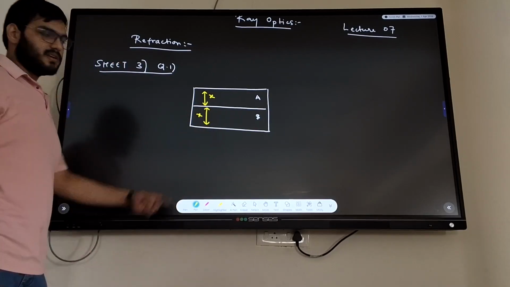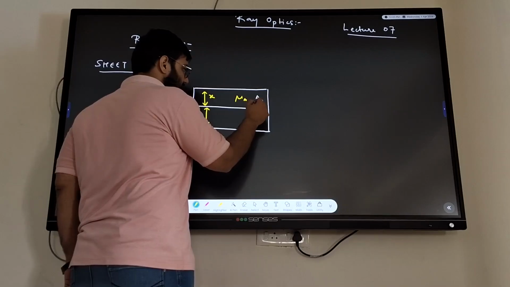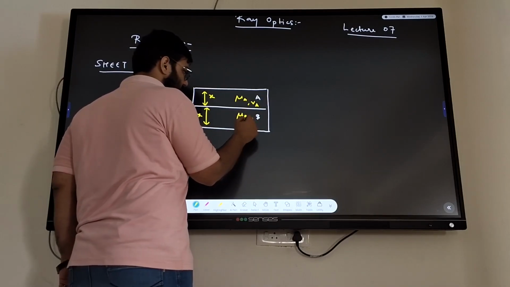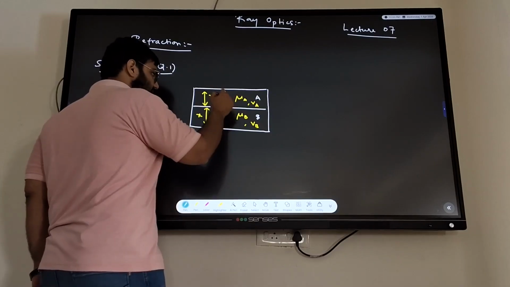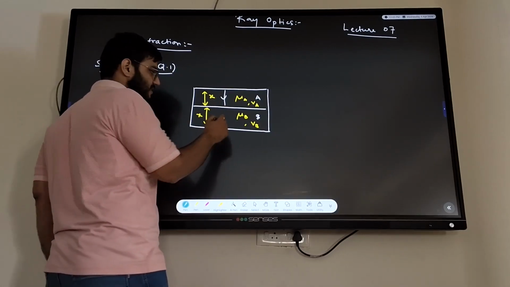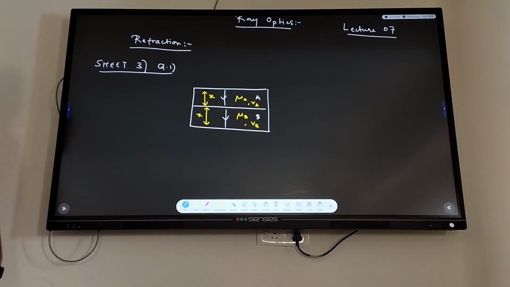Here the refractive index is mu A and the velocity is VA. Here the refractive index is mu B, velocity VB. The light goes like this, takes some time T1 in this medium and some time T2 in this medium. You have to find the thickness of the material, x.